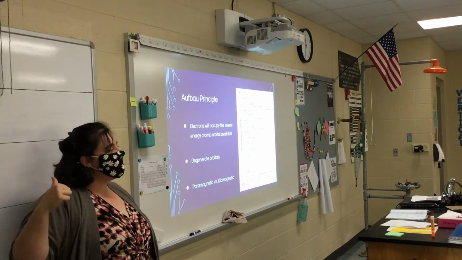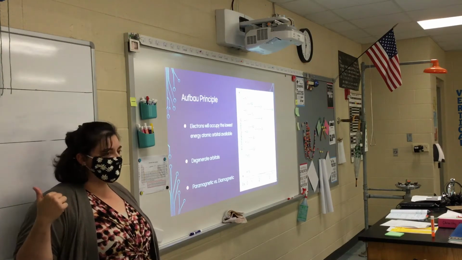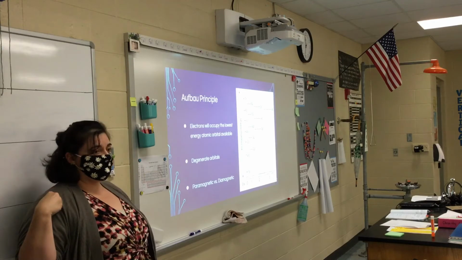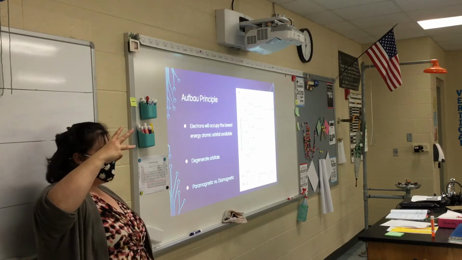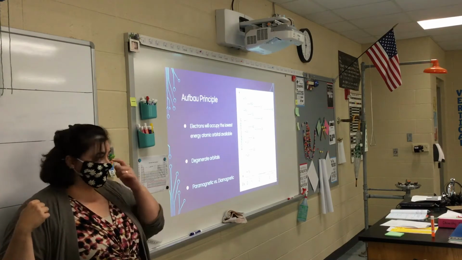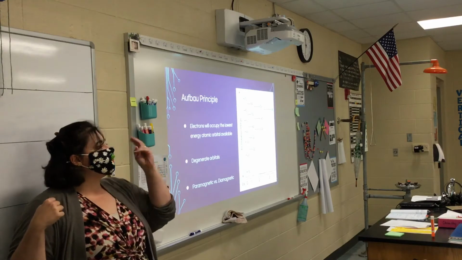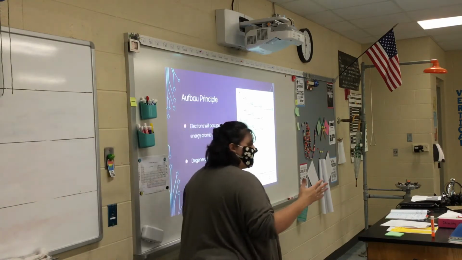P. How many orbitals are there in the P orbital set? 3. How many total electrons can go into those orbitals? 6. Each atomic orbital gets 2 electrons. There are 3 atomic orbitals for a total of 6 electrons.